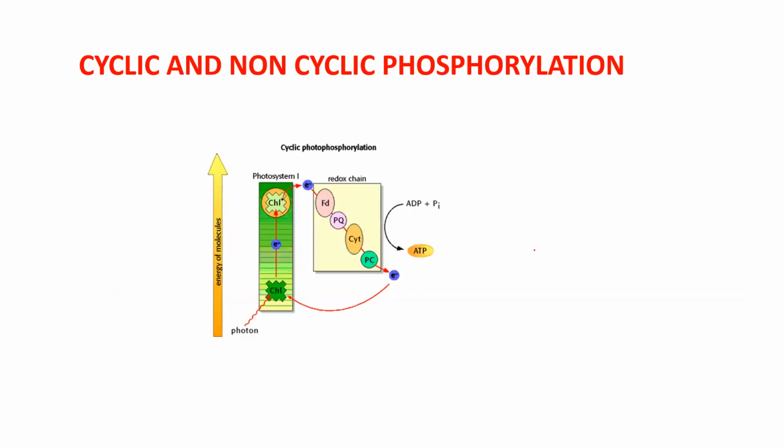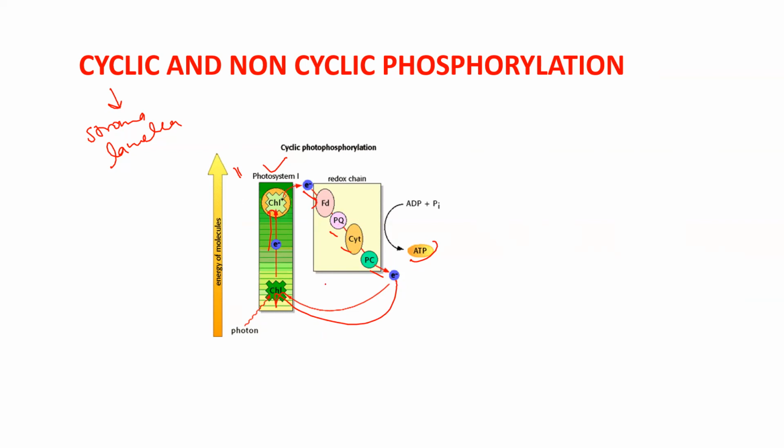What is cyclic phosphorylation? That takes place in stroma lamellae. In stroma lamellae, only one photosystem is present. This photosystem absorbs sunlight, and what happens? Chlorophyll A gets excited, the electron gets excited, jumps to the higher orbit, and then it is transferred to the ferredoxin, then PQ, cytochrome, then PC. ATP is produced, but the electron comes back to its PS1.